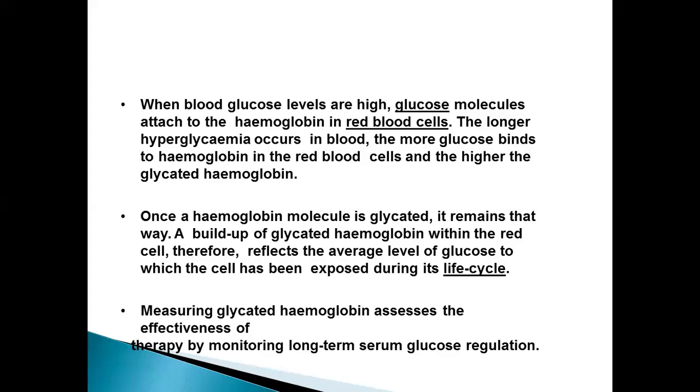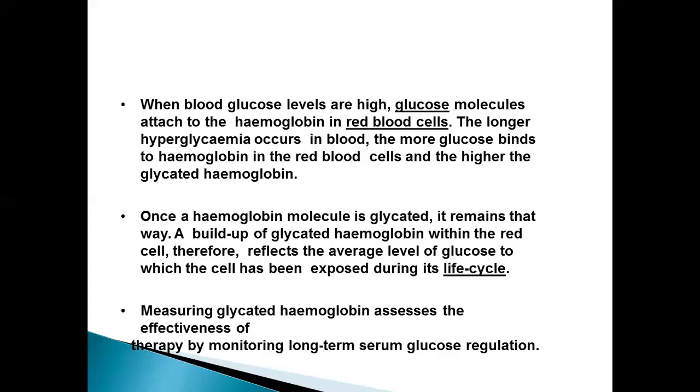This will give you a clear-cut picture, whether the progress is good or bad. For that sake, we measure HbA1c, and accordingly we can maintain a healthy lifestyle through dietary modifications and physical activity.